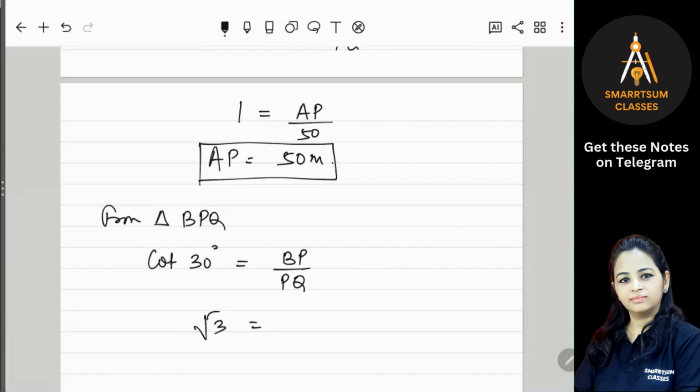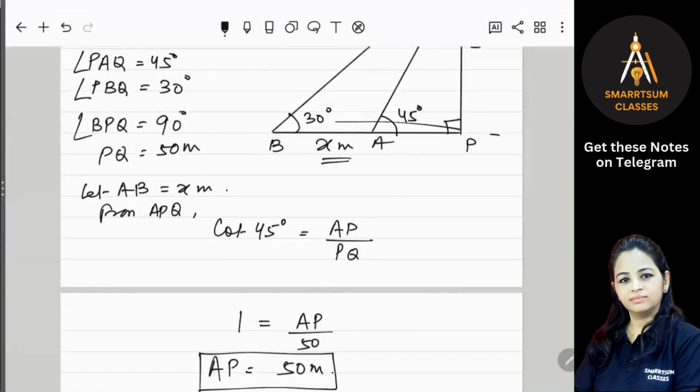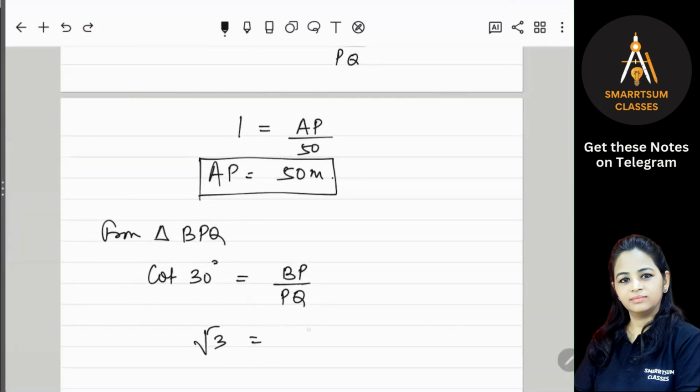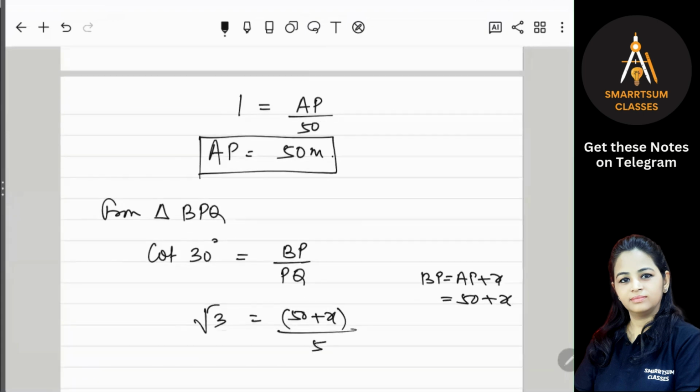What is BP? BP is the length of this whole line. We have already calculated AP, which is 50, so BP is AP plus x, that is 50 plus x meters upon PQ. PQ is again 50 meters.